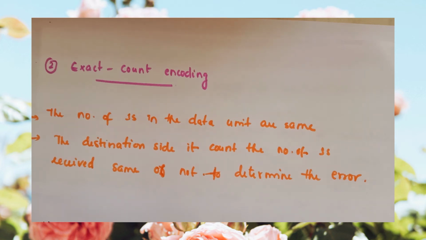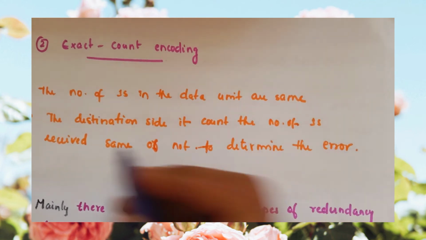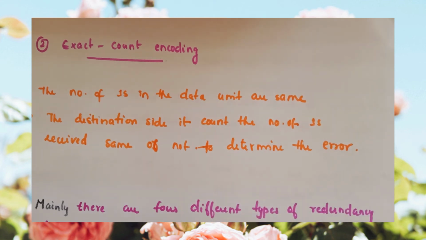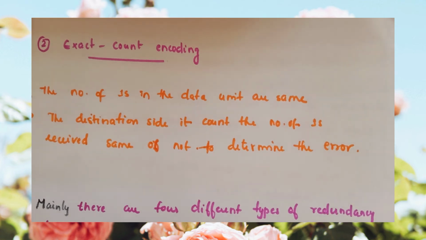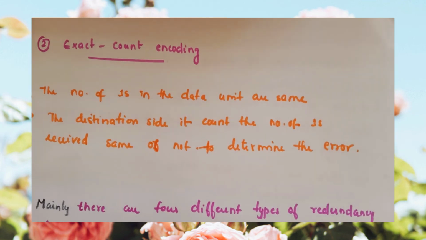The receiver already knows how many ones the original message contains, and he checks whether the number of ones is the same as he knows. If there is any change in the number of ones or zeros in the received message, he can understand that this message contains some errors.